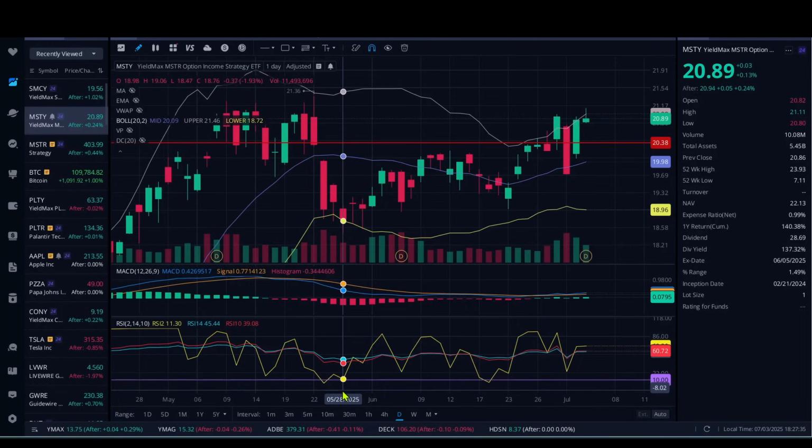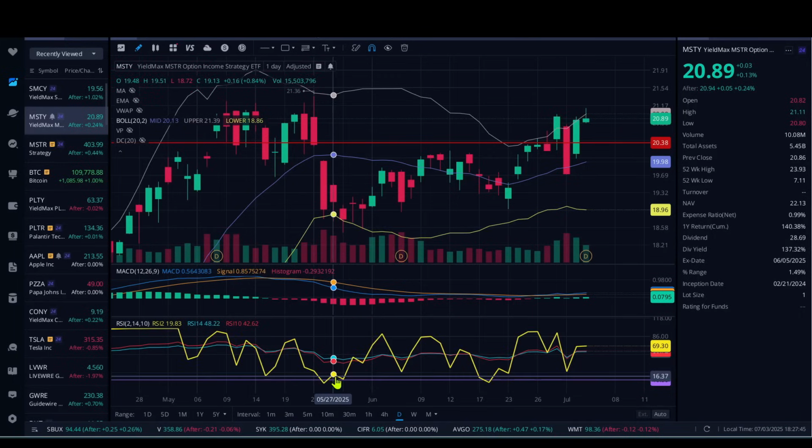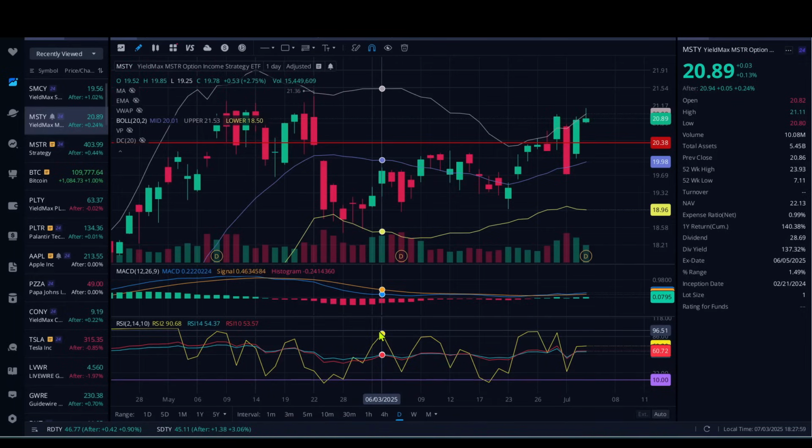It actually got to 11.30, but again, you see that long wick on the bottom down here. That means that it did come down further on that price, which would have moved that RSI2 down lower as well. This yellow line is only showing the close for that day.